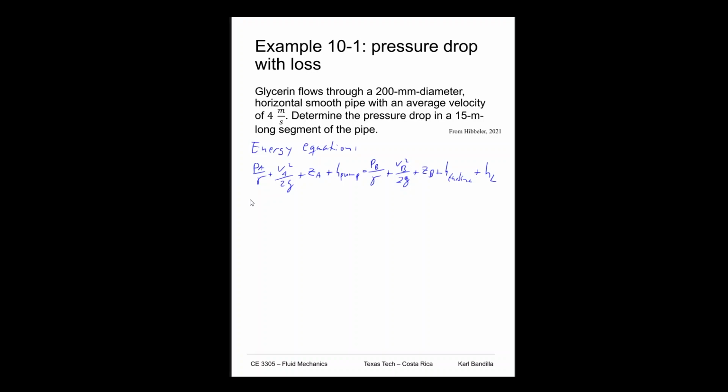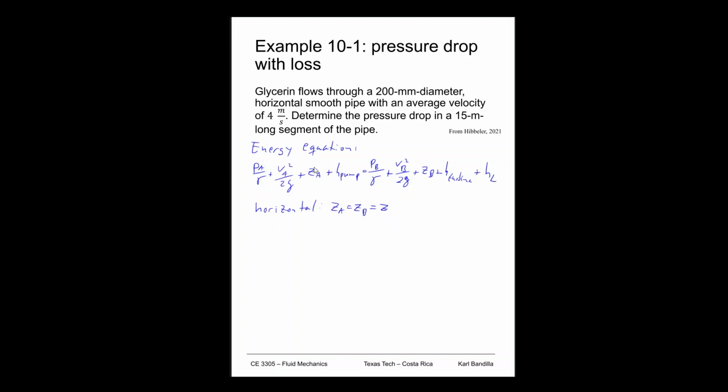All right, just like we did before, we now have to go through and figure out what all these terms are. So we're given that it's a horizontal duct. So we can just write horizontal here. Horizontal means that Z_A is equal to Z_B, equal to Z, whatever you want to give it.